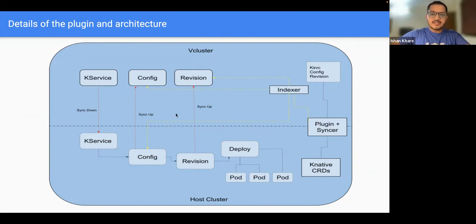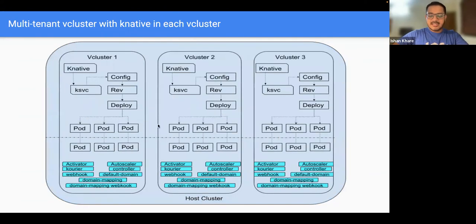So in the previous slide, if I just go back, what I'm trying to showcase is that for every API server, you have an installation of Knative. So yes, the Knative serving controller is running against each of the API servers inside these vClusters. Although it is running on the host cluster like everything else, it's running against the API server inside this vCluster, not your host cluster.